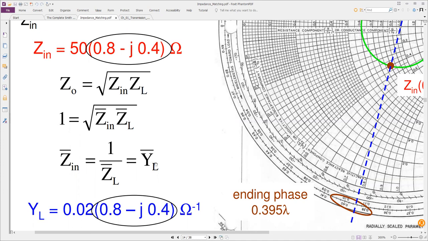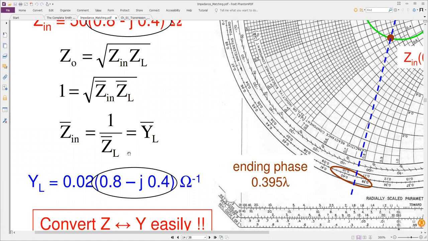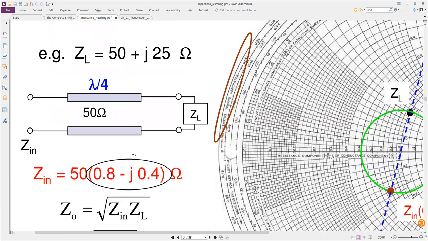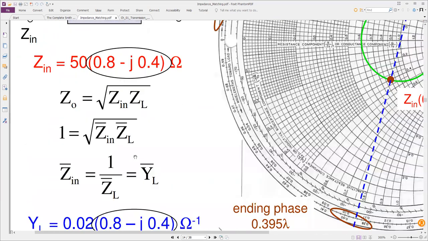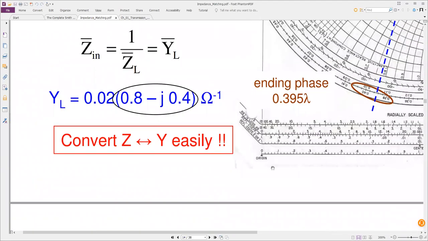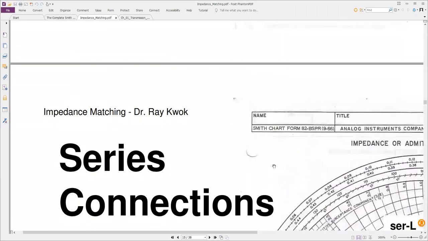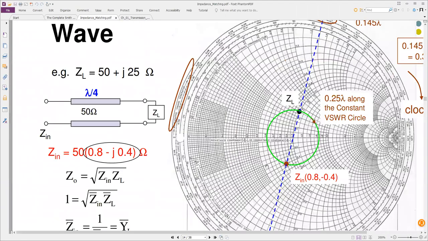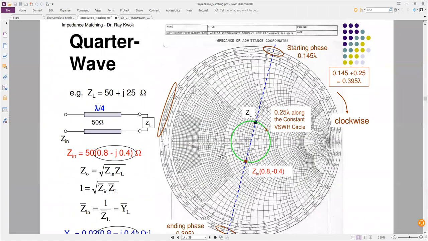That is why you just invert it: 1 over ZL bar. Then you get YL, which is 1 over ZL. Y is equal to 1 over ZL actually. So what is the normalized value of ZL? You got the normalized value previously. Then just calculate it, and you will get the admittance.